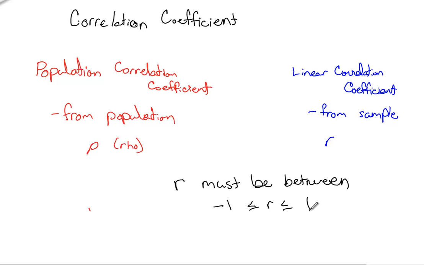The closer to a 1 it is, the stronger the relationship. R is also sensitive to the outliers. We've discussed outliers before and how to calculate those. The correlation coefficient is extremely sensitive to those because you have one outlier and it's going to pull that number way off, okay?